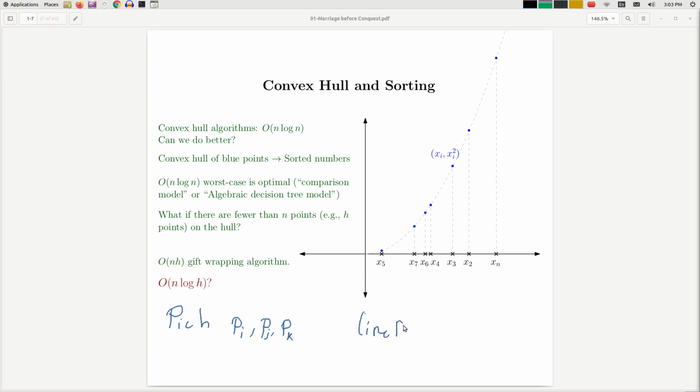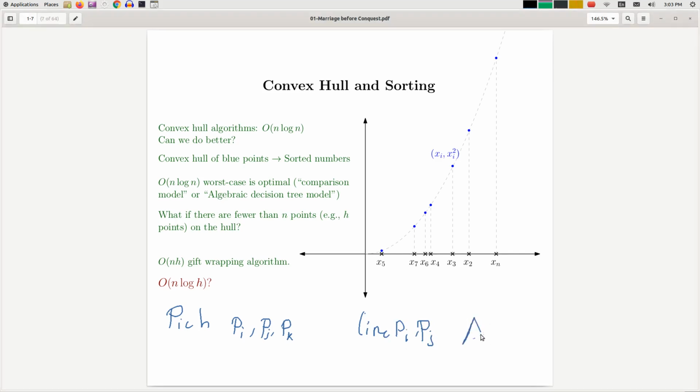So let's say that's the only operation you can do. If that's the only operation we can do, then we can actually show the lower bound.